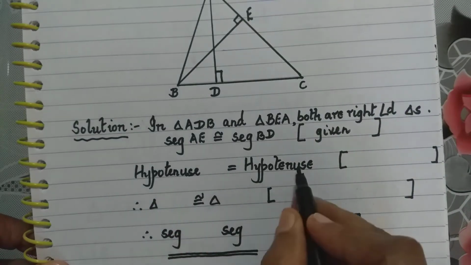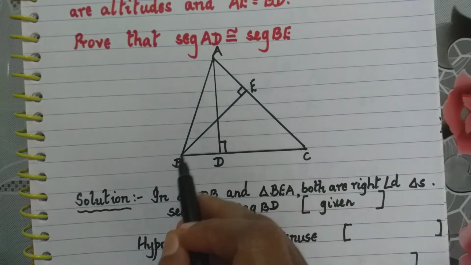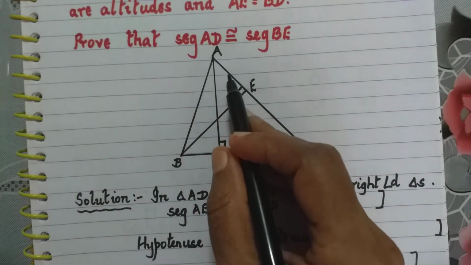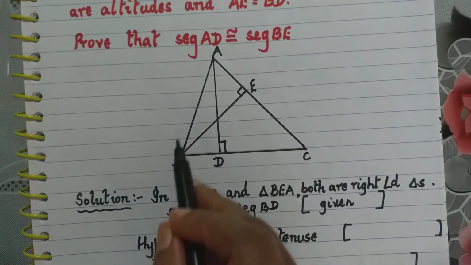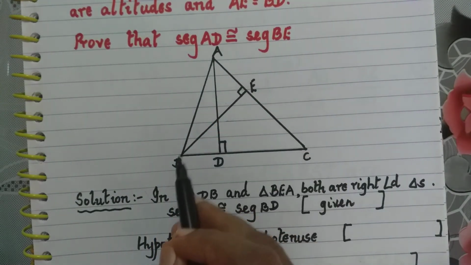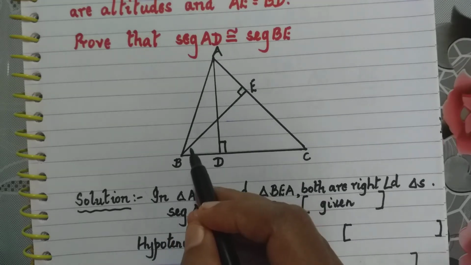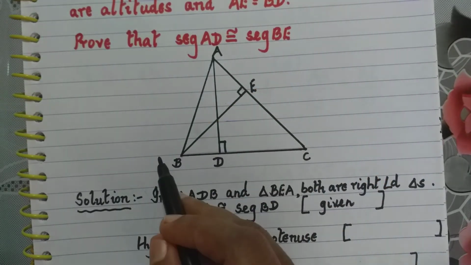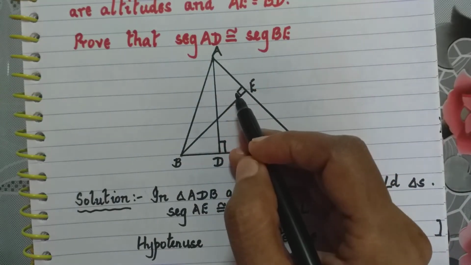Now hypotenuse we have written. Let us look at the figure. This is the right angle triangle. Okay, the right angle is here. So opposite to it is the hypotenuse. So in triangle ADB, AB is the hypotenuse. Same way here in triangle BEA, angle BEA is the right angle.